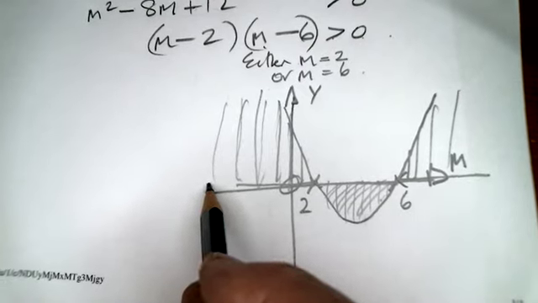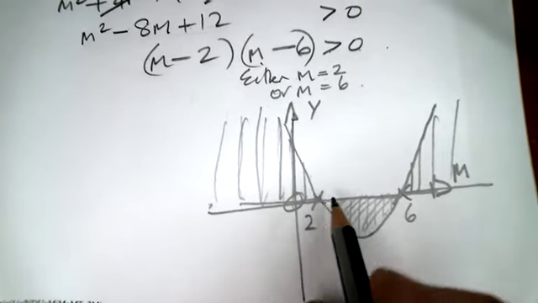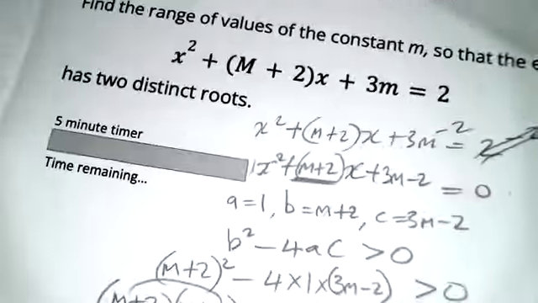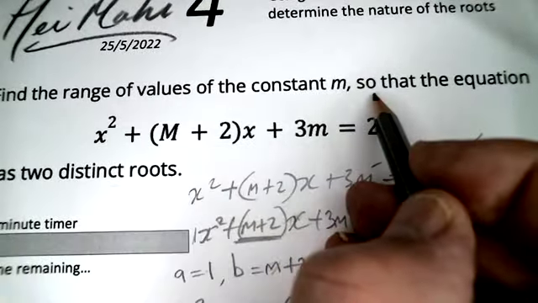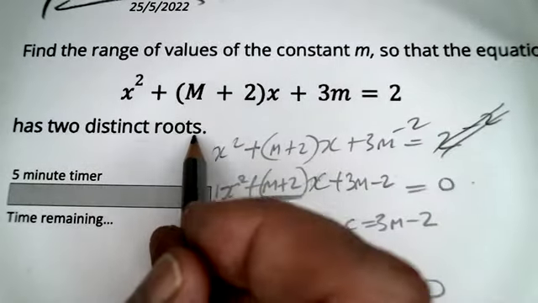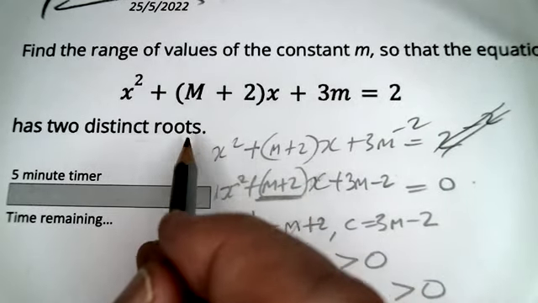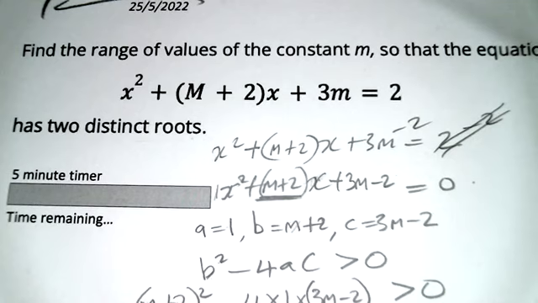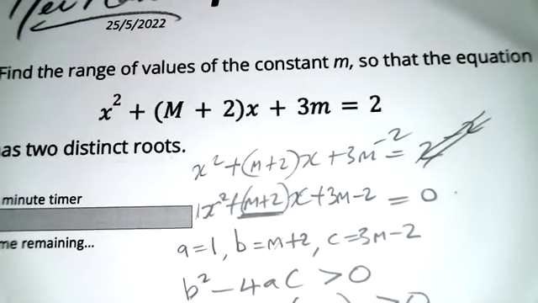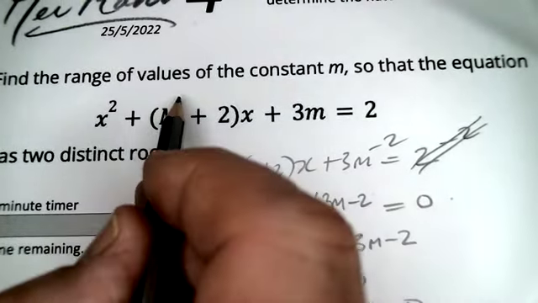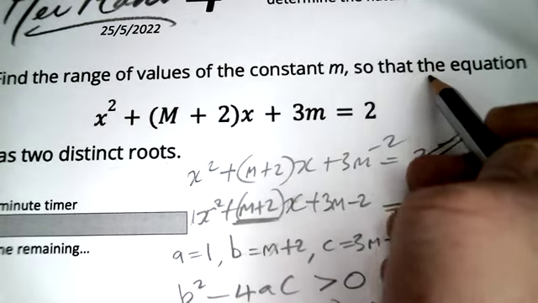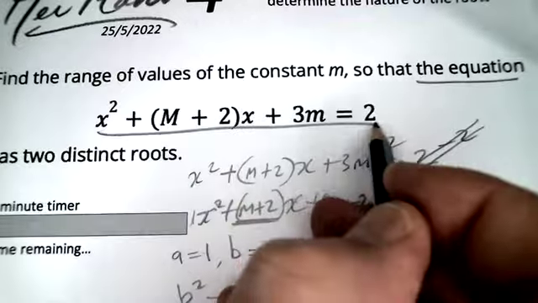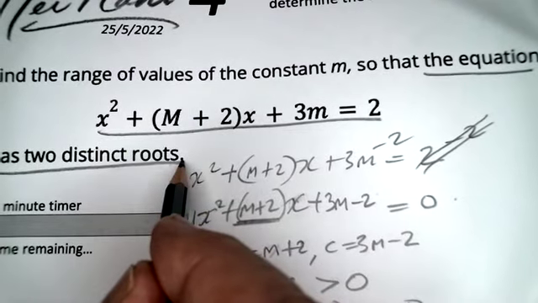So what we're going to say is the value. In fact, I'm going to rewrite this out. I've got the range of values of the constant m, so that the equation blah has 2 distinct roots, and then we can write that down. This time I'm not going to write it, I'm going to let you write it. So the equation blah has 2 distinct roots. This is what you write.